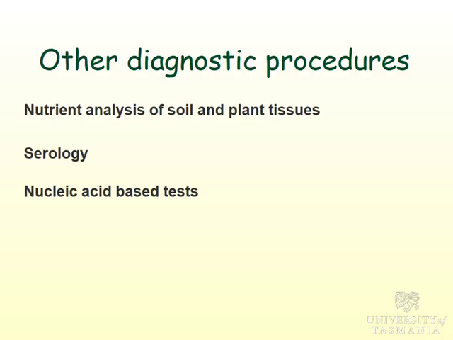There are a number of other tests we can try. If we suspect it's more nutritional, obviously there are nutrient analyses of soil and plant tissues. That might be if it's a directly nutritional disorder, or it might be useful if that's creating a conducive condition for a relatively weak pathogen to come and do its job.